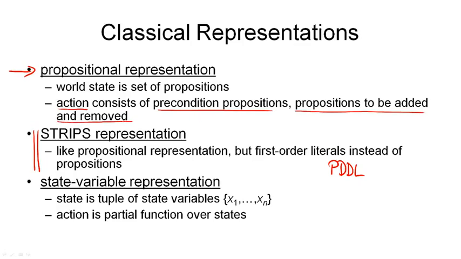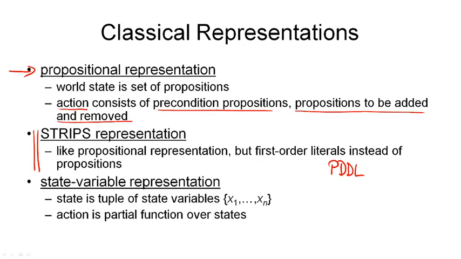So the propositions to be added are the positive effects, and the propositions to be removed are the negative effects. The precondition propositions correspond to the positive preconditions in the strips representation. And this is another difference between the strips representation, as we've seen it so far, and the propositional representation. In the strips representation, we had positive and negative preconditions, and now we only have positive preconditions.